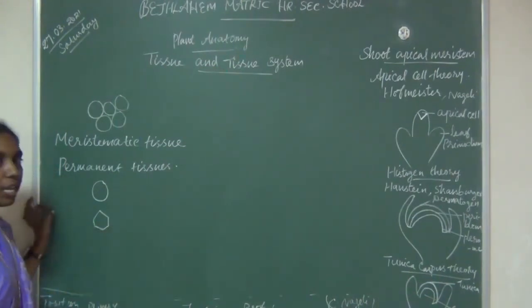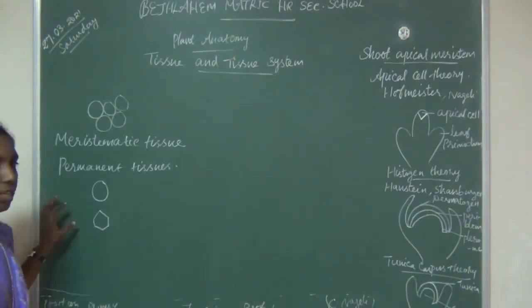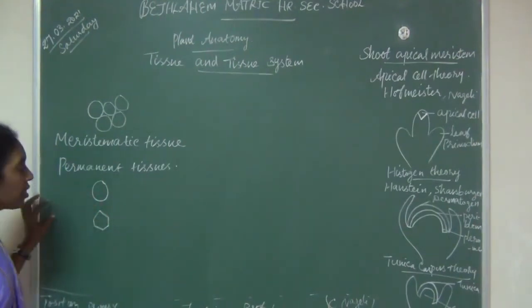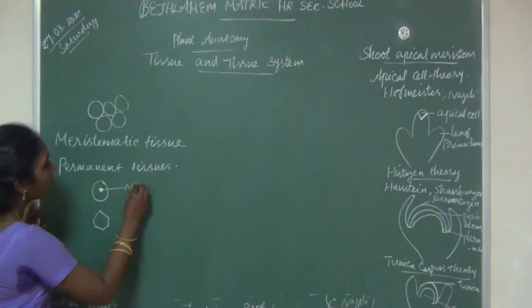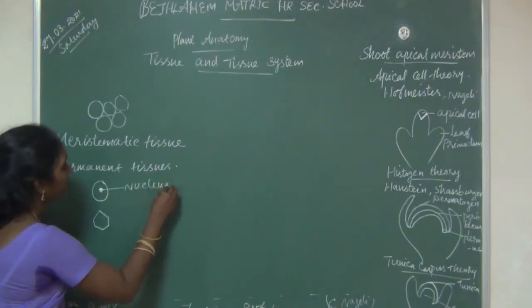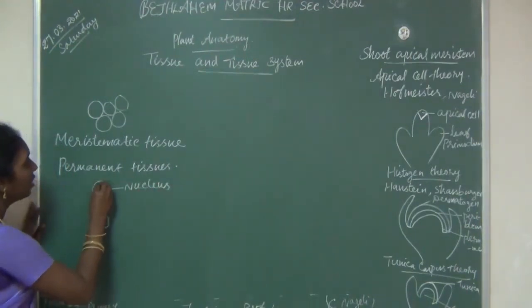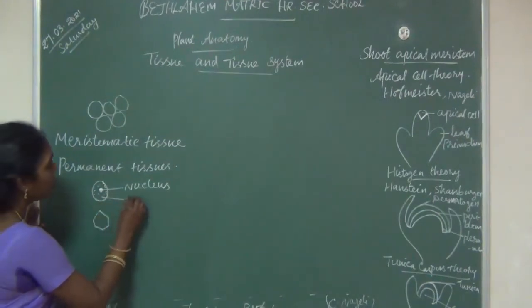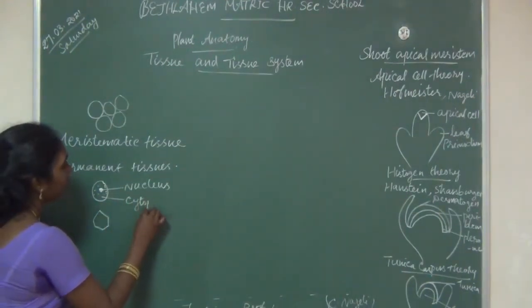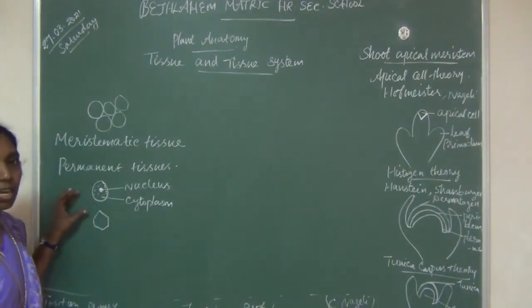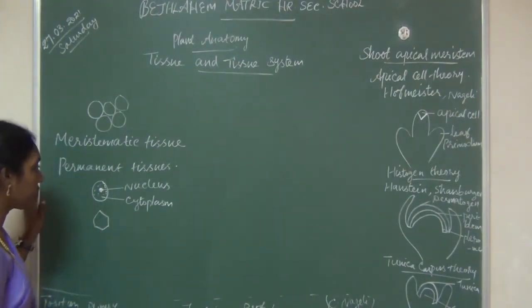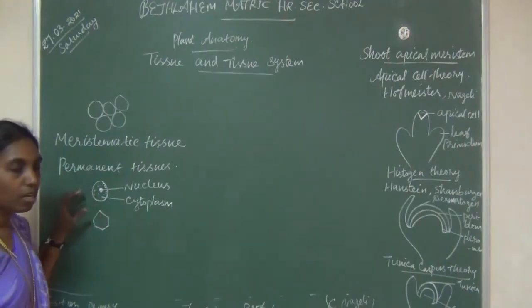There are different shapes of this meristematic tissue, which consists of a prominent nucleus and dense cytoplasm, and a cell wall.